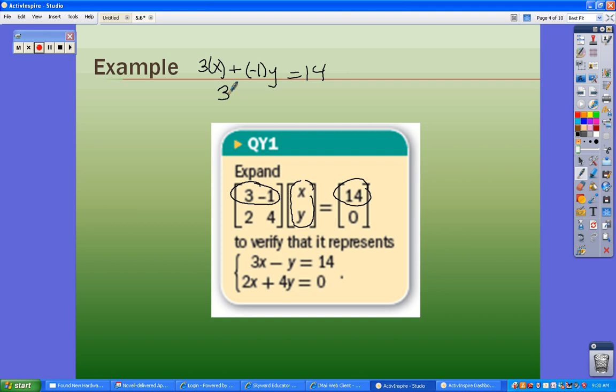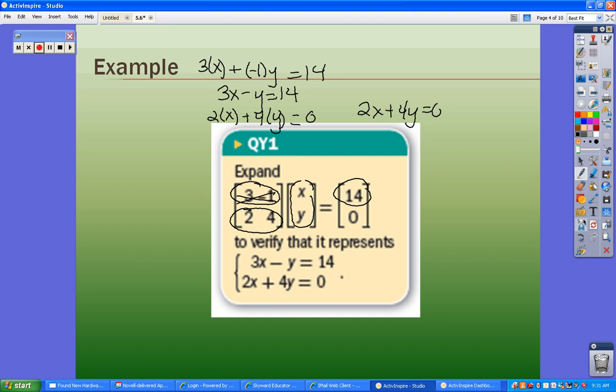Well, that's the same thing as 3x minus y equals 14. That is the first part of the system. 2 and 4 times x and y, we would have 2 times x plus 4 times y equals 0. 2x plus 4y equals 0. So that's why it works. That's why we can write things this way.